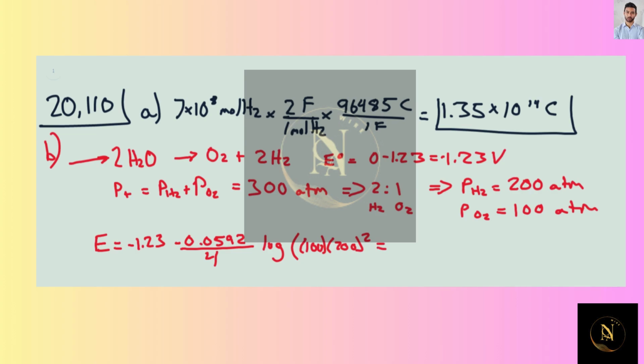When we do this calculation, we get a value of negative 1.33 volts. So this is our answer, which means we need to apply greater than 1.33 volts to drive this reaction.